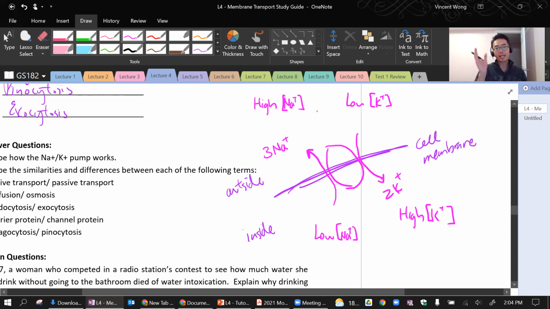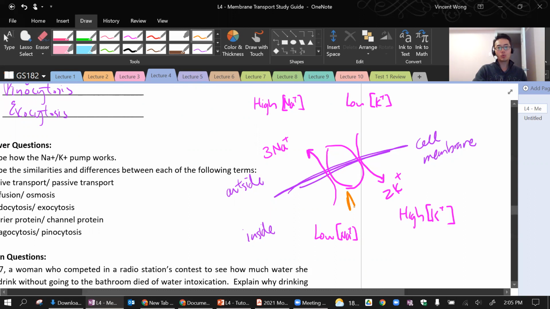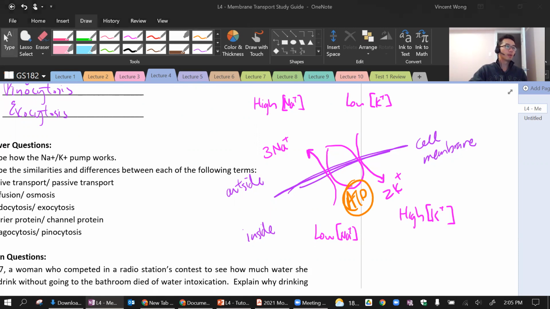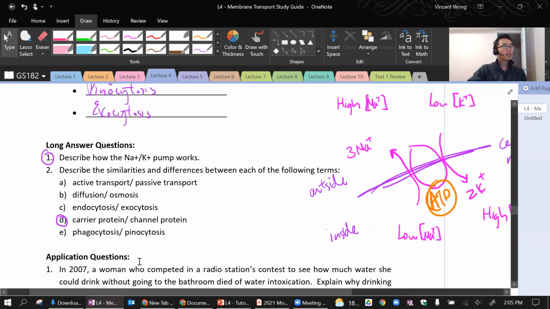Each of them is going against their own concentration gradient, which is why in order for this to keep on happening, you will need ATP. That's basically what the sodium potassium pump is. Now you might wonder, why are we moving sodium out and potassium in? It turns out you need to do this to keep your neurons functioning, and you will learn that in a lot more detail next semester. All right.